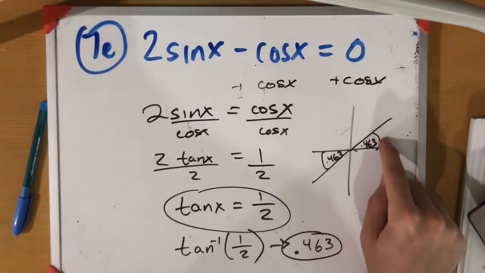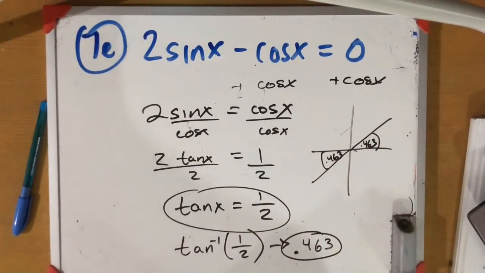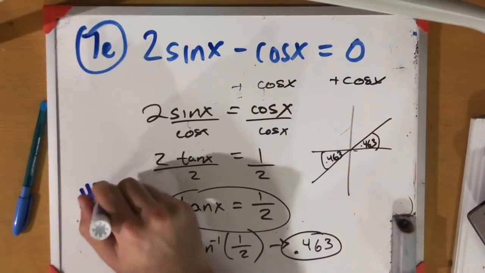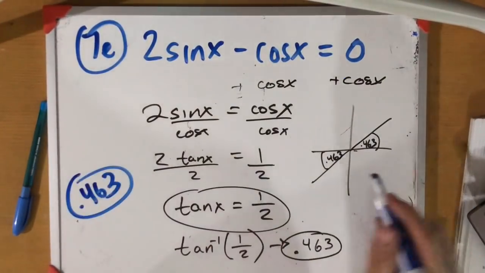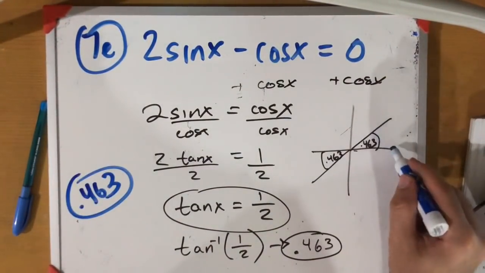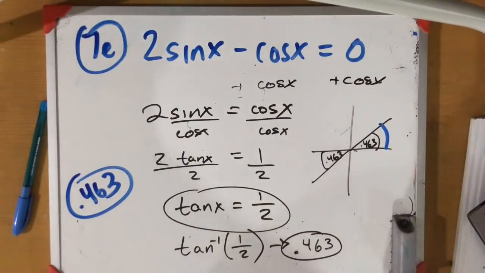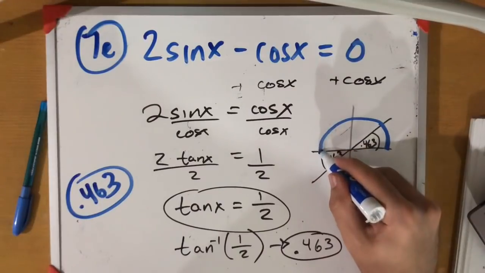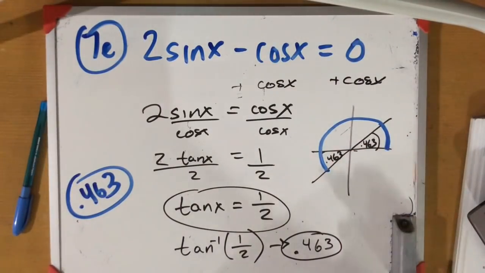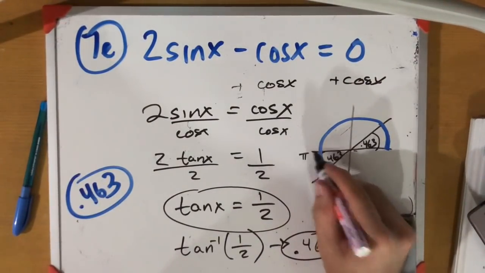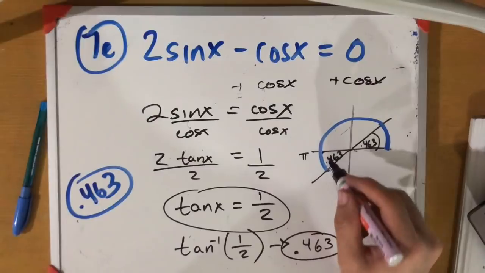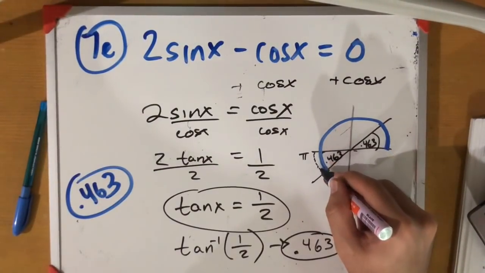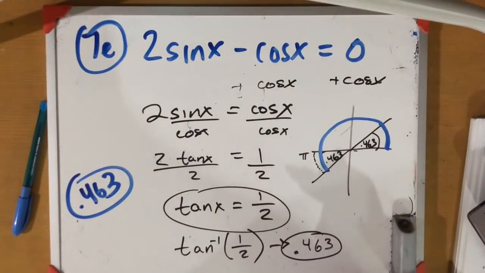Well, this one's pretty easy. That would just end up being 0.463 because 0 plus 0.463, this angle is just 0.463. Well, if we're going all the way around to this angle, how big is this angle? Again, use the values you know already. This I know is pi. Well, what's pi in addition to 0.463?